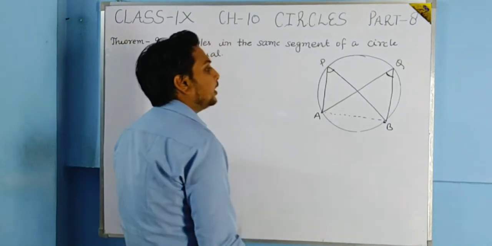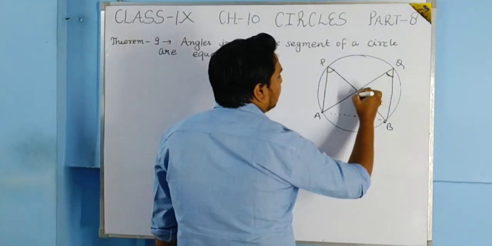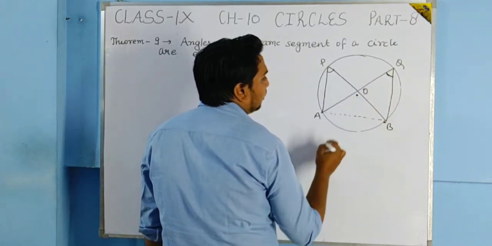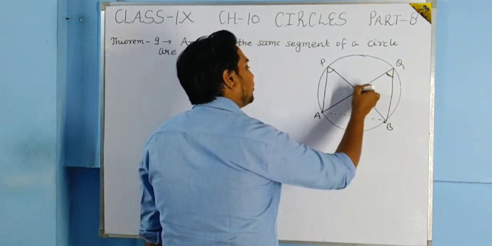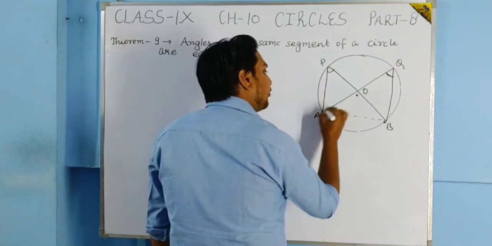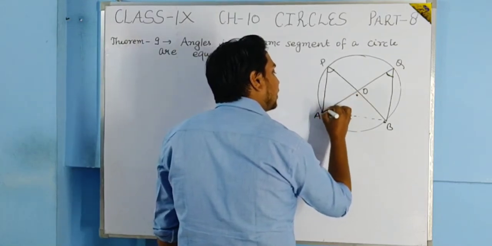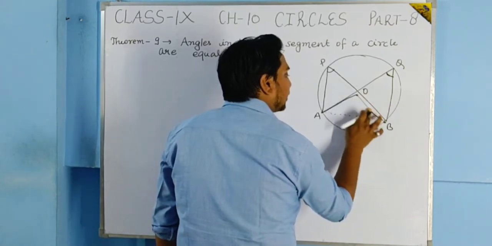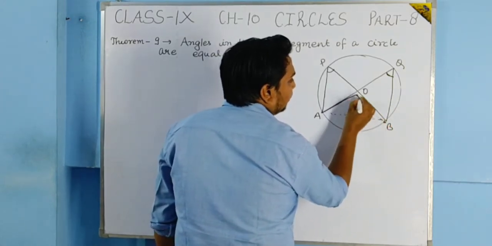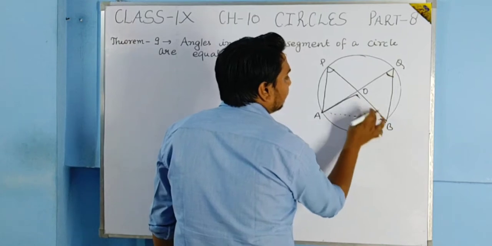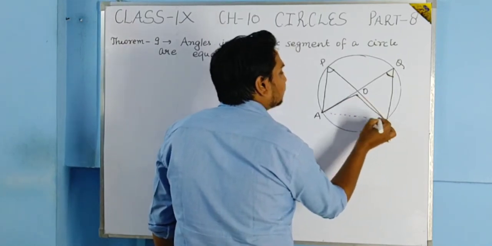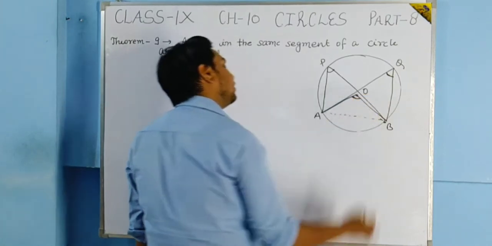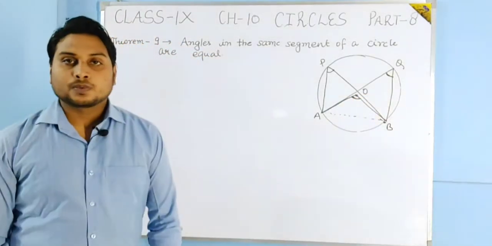Let us see. Suppose that this is the center of the circle, not the intersection point. At the center it is forming some angle. This is the point O and this is the angle formed at the center.